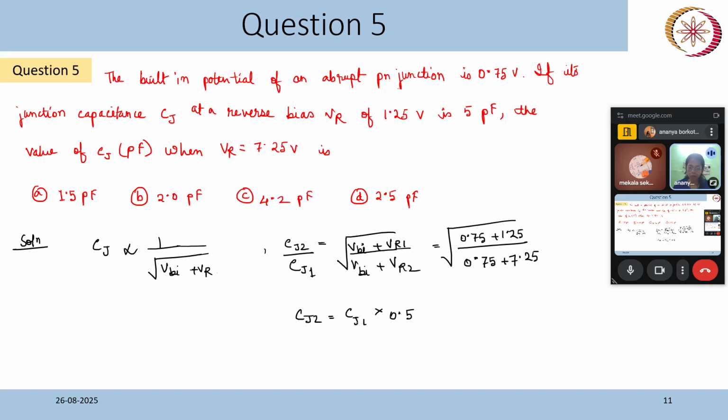And the first junction capacitance is 5 picofarad, so our second junction capacitance is 0.5 into 5. I need the calculator for this. Is the answer D, right?